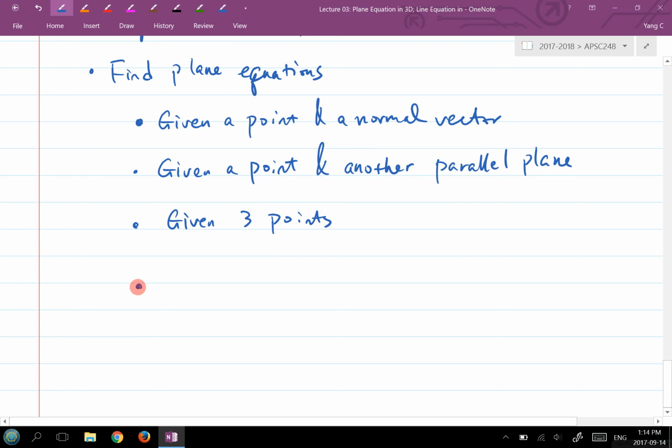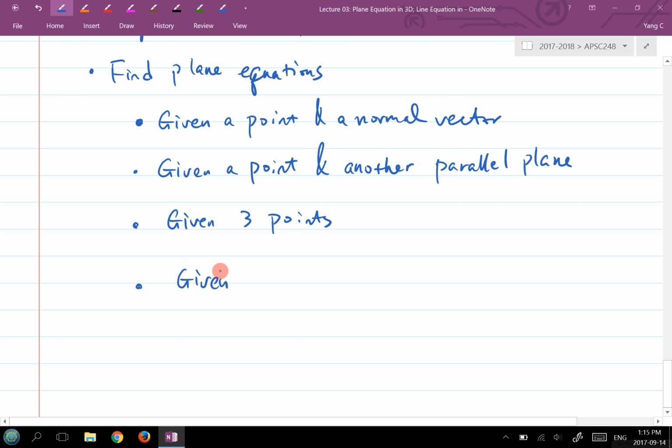A normal vector to the plane. If I'm given 3 points, then I already have points on the plane, so I can use any one of the 3. But I do need a normal vector to the plane. So how do I get the normal vector from the 3 points? Make vectors using the 3 points, and then what? Cross product. Exactly. Very good.